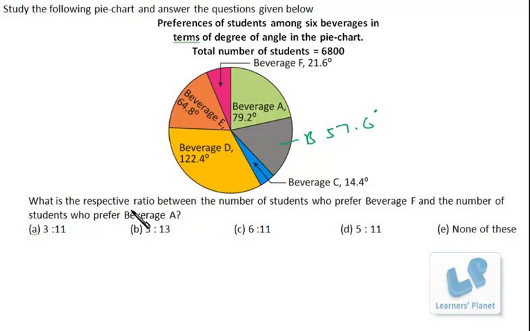Now, what is the respective ratio between the number of students who prefer beverage F and the number of students who prefer beverage A? So just divide the degree values, nothing else we have to do. F should be in the numerator, that is 216. I just eliminate the decimal, and A is 792, right? So both the numbers are multiples of 9, divide them by 9.